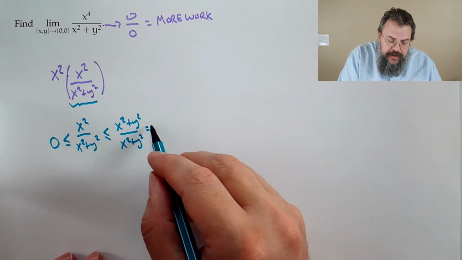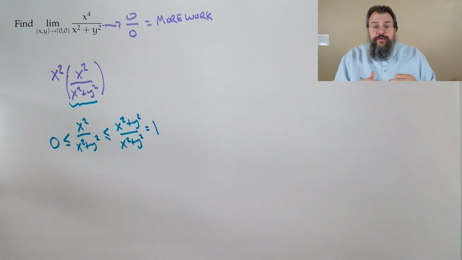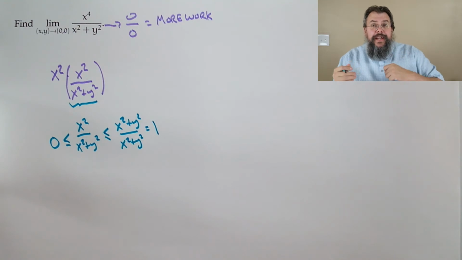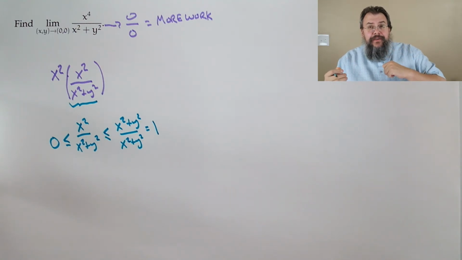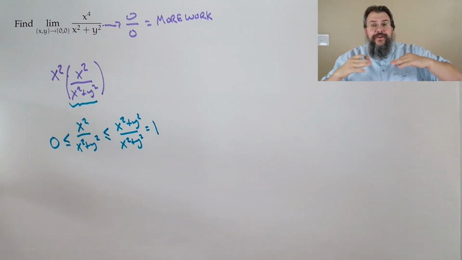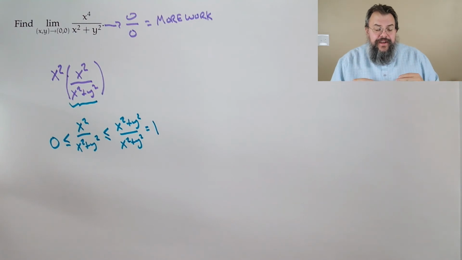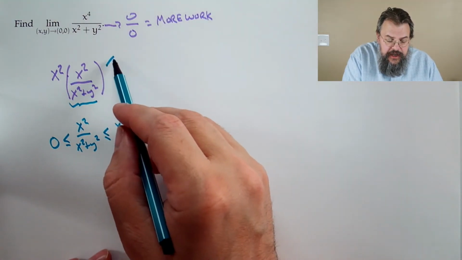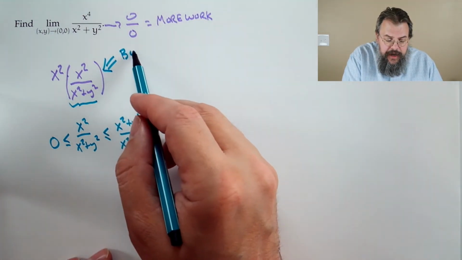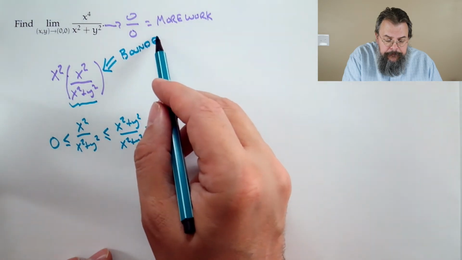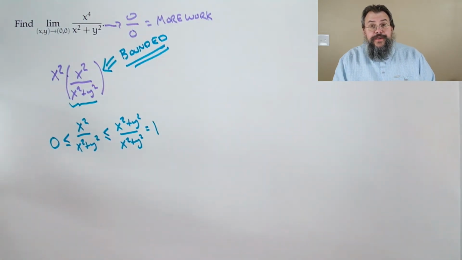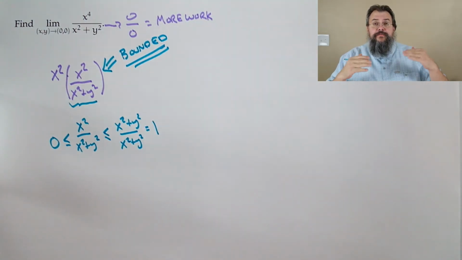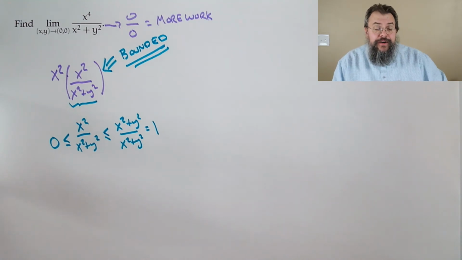Well, that means that this expression, while it may not necessarily be well behaved, it doesn't go too crazy. It's going to stay between 0 and 1. So, this piece right here is something which is bounded. All right, now that's good news. If you have something which is bounded, you're making progress.